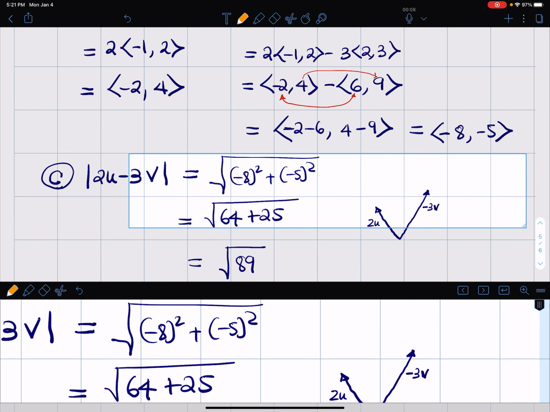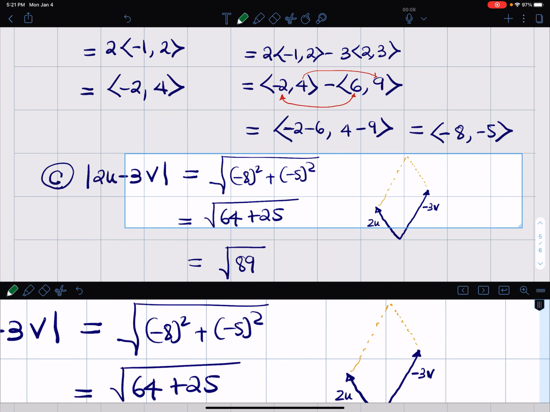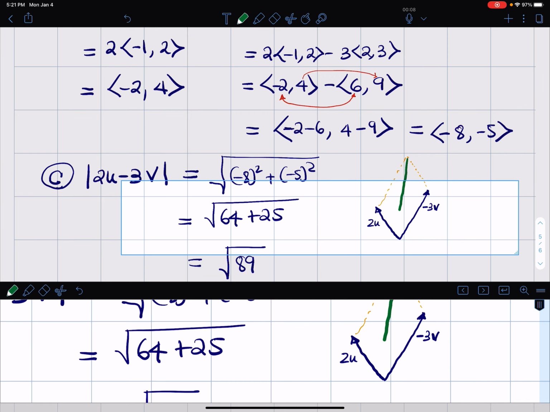The parallelogram. Do you prefer para or para? I prefer para. All right, and then you now join this.